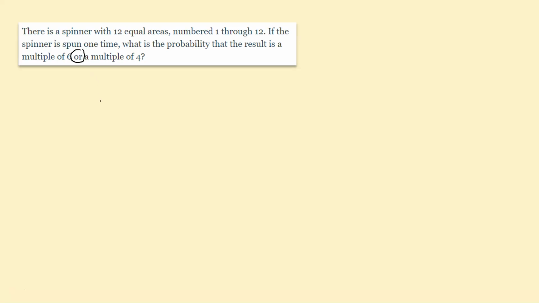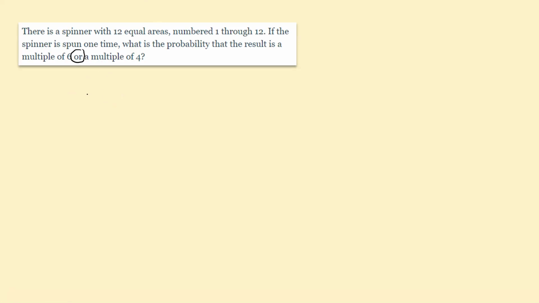We want to distinguish or type of problems from and type of problems. Or means that it could be a multiple of 6, but it could also be a multiple of 4, and means it has to be both. But in this case, it could be, for example, 6, which is a multiple of 6 but not a multiple of 4. That would be a satisfying result.